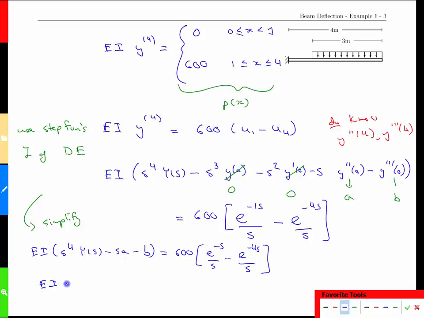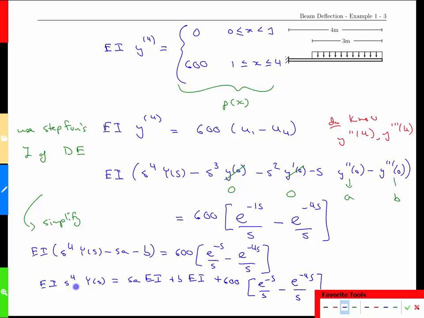So I have EI s to the 4 Y of s equals sa times EI, that would be multiplied in, and we'd also have plus b EI, and then plus the 600 times the e to the negative s over s minus e to the negative 4s over s.